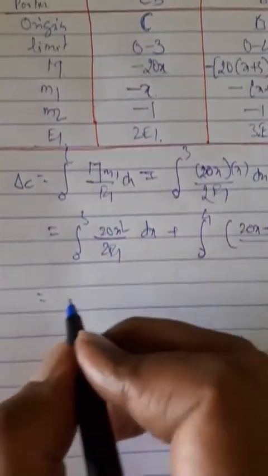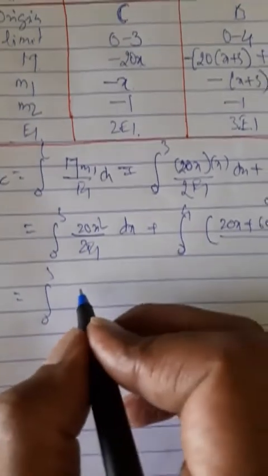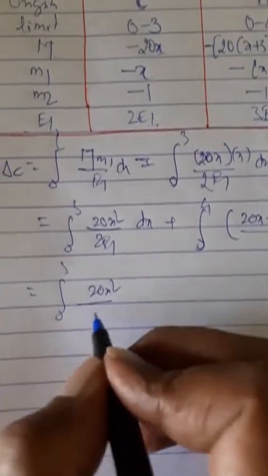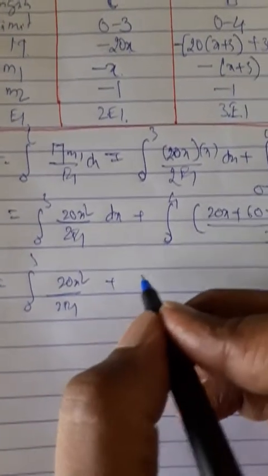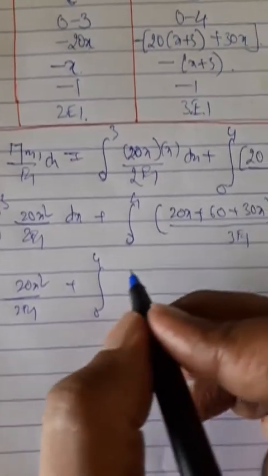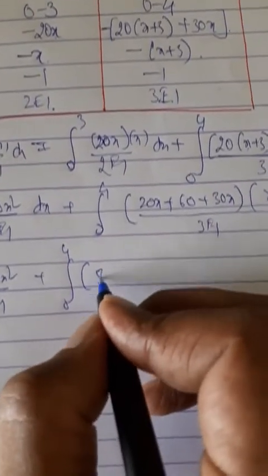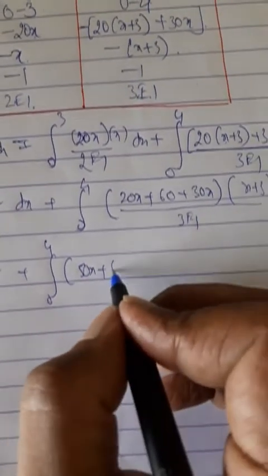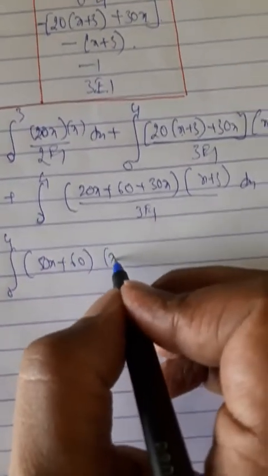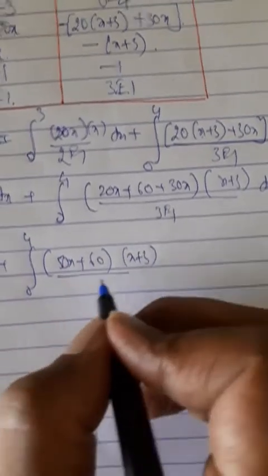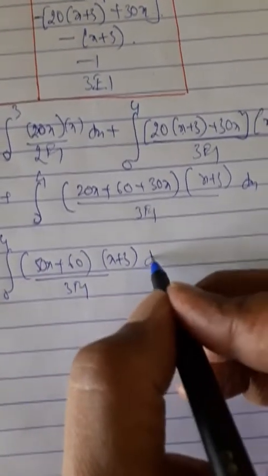So the same I can write: 0 to 3, 20x square by 2EI, plus 0 to 4, 20x plus 30x, 50x plus 60 into x plus 3 divided by 3EI dx.